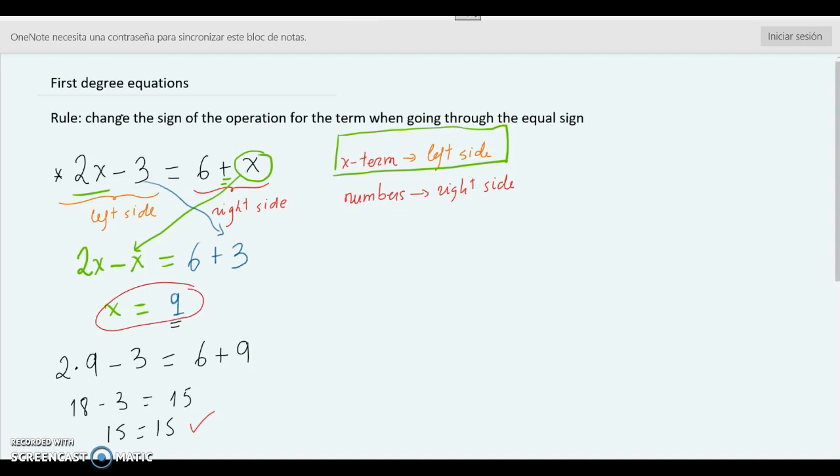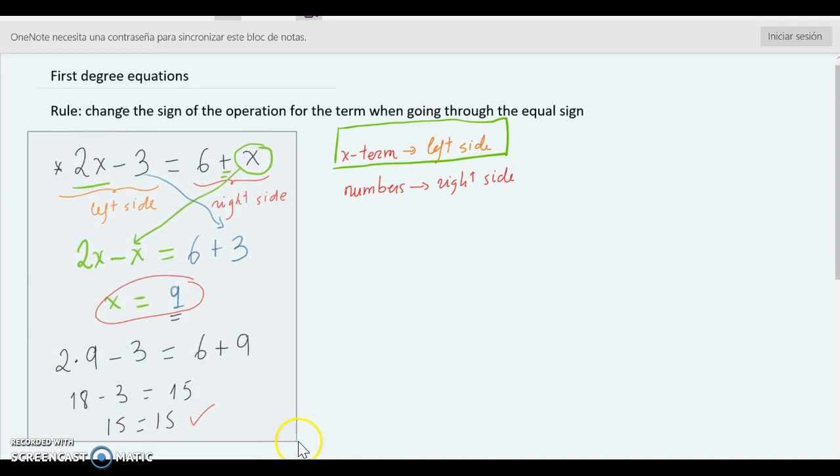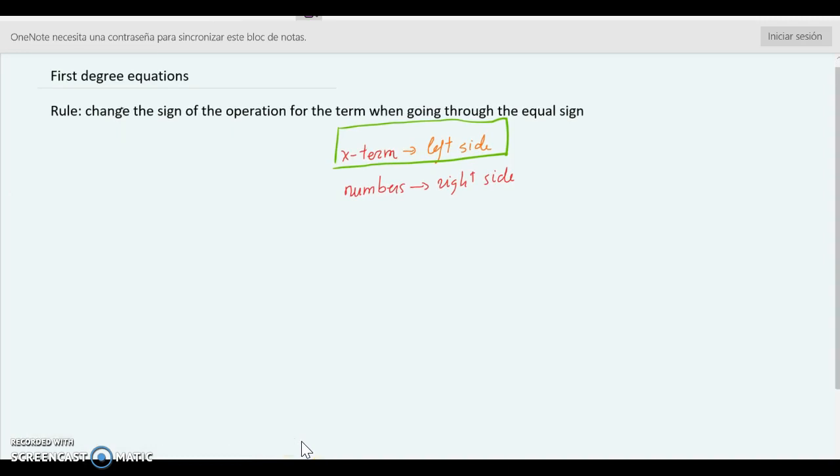Let's see another equation, now with brackets. Let me clean this a little. 2 multiplied by 2x minus 3 equals 6 plus x. We have to remember the way of operating with polynomials.